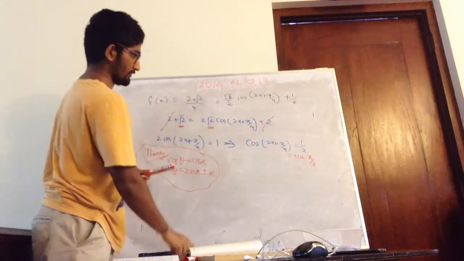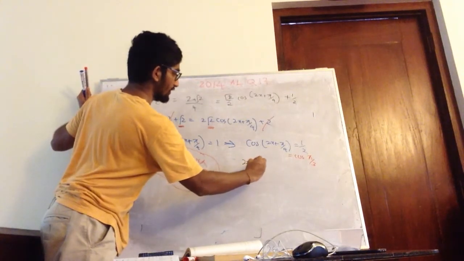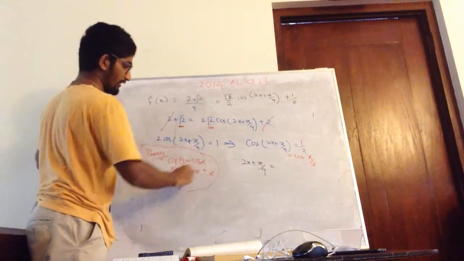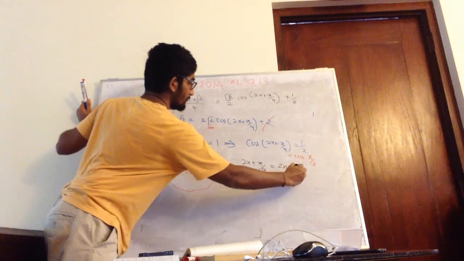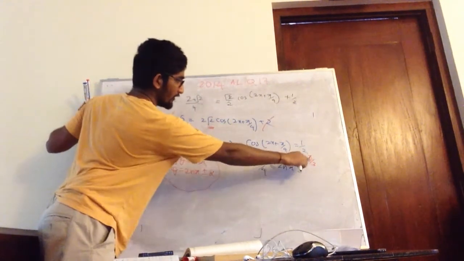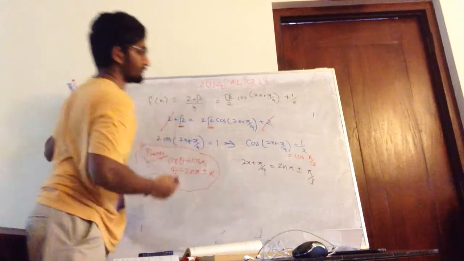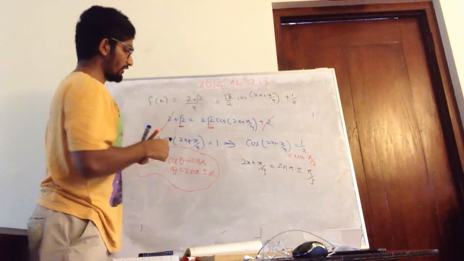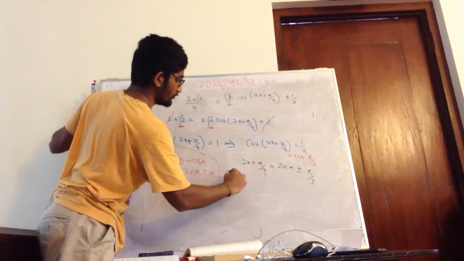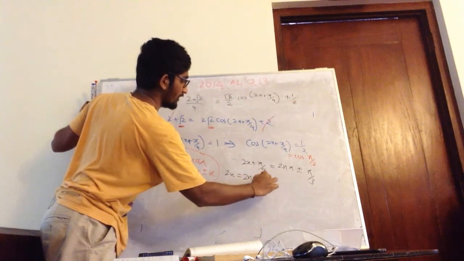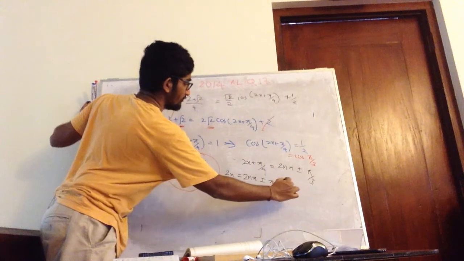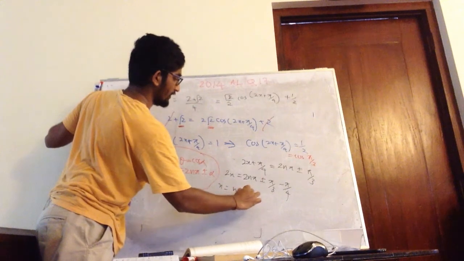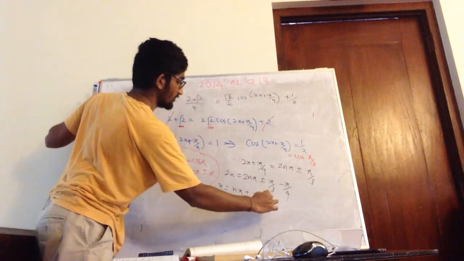So basically 2x + 5π/4 will be equal to, this is theta, 2nπ plus or minus α, which is π/3. So what do we get? 2x is equal to 2nπ plus or minus π/3 minus 5π/4. So x is equal to nπ plus or minus π/6 minus 5π/8.